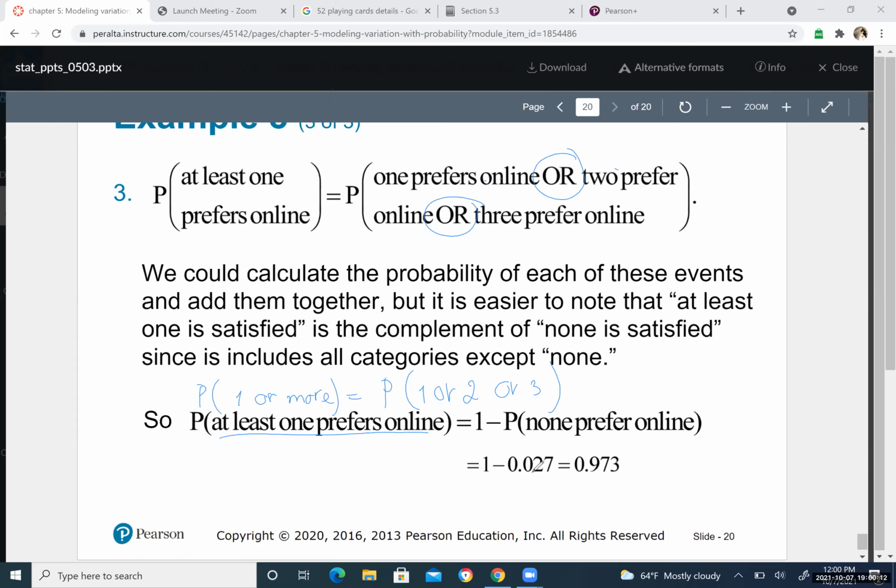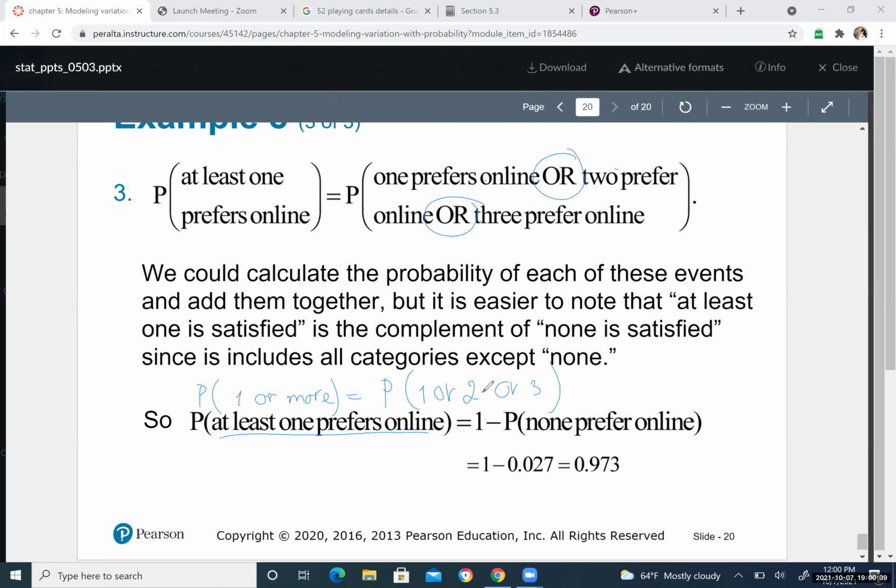The none-prefer case means the first person does not prefer online, and the second does not, and the third does not. We take that value and the difference from 1, then you get the value 0.973.